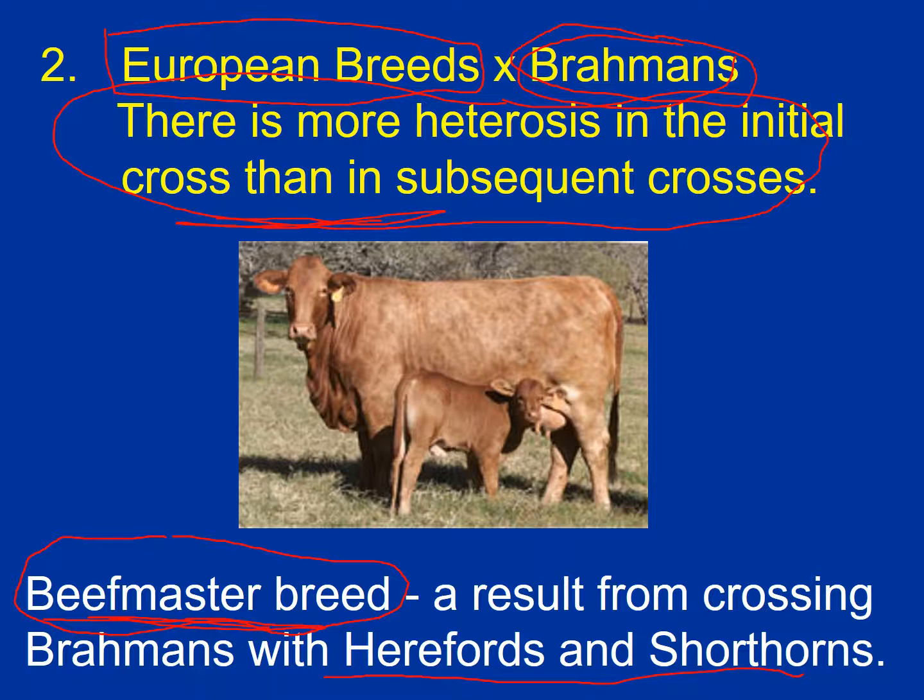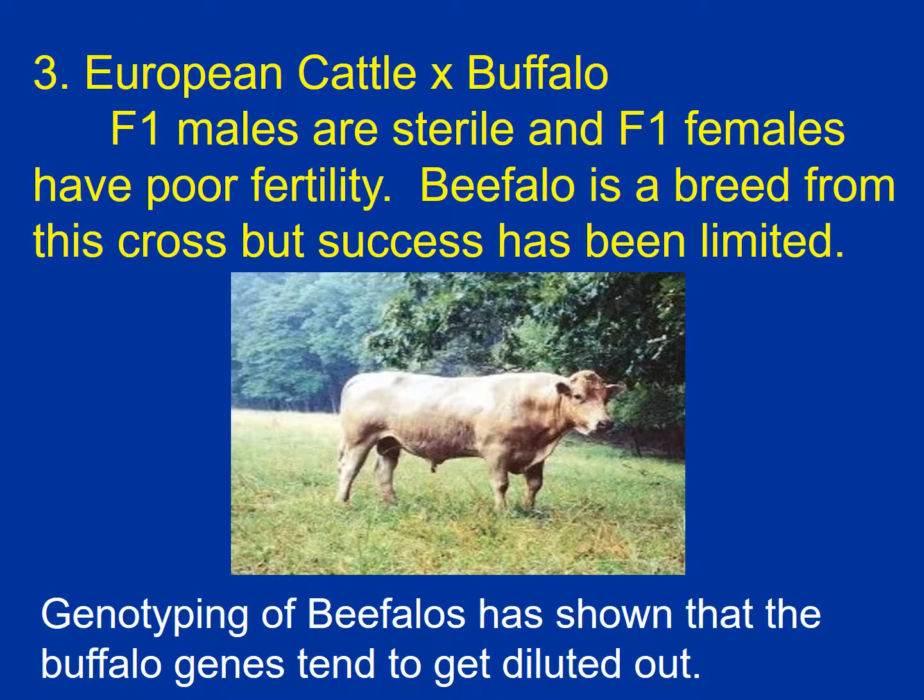They come in different colors, but very popular cattle. Your Bos Indicus cross is generally going to have bigger ears, looser skin, kind of help dissipate heat, but make pretty good quality cattle.